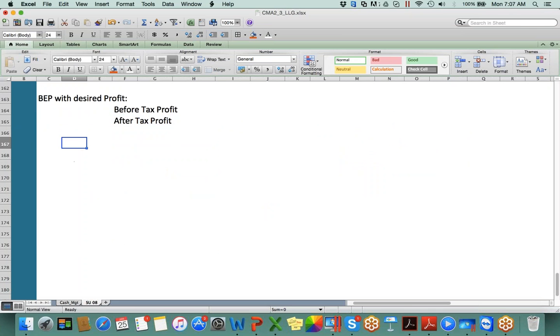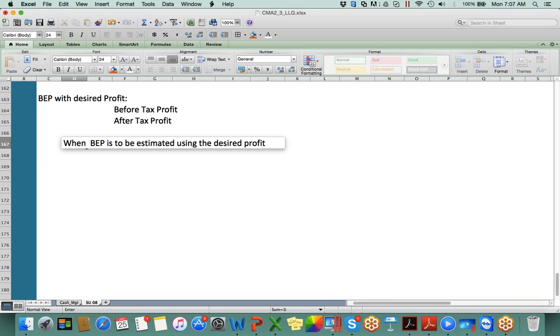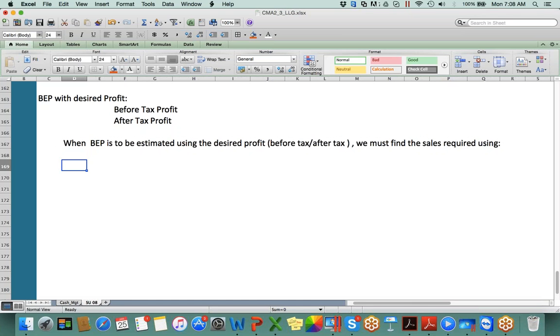When a break-even point is to be estimated using the desired profit, before tax or after tax, we must find the sales required, for break-even point in units or in dollars.